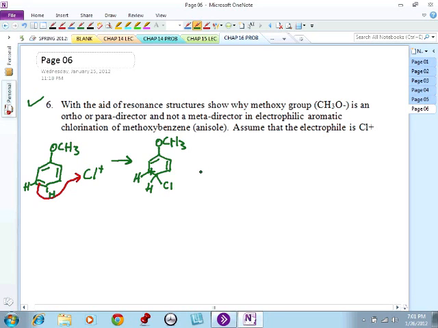Now we need to draw resonance structures to show why the methoxy group will stabilize the carbocation. Okay, so we now draw a resonance structure. Move this electron to here. By the way, we know we have non-bonded electrons on oxygen, so we might as well go ahead and do that here.